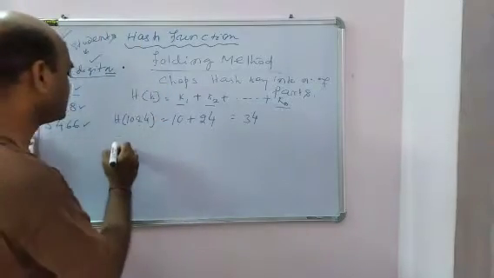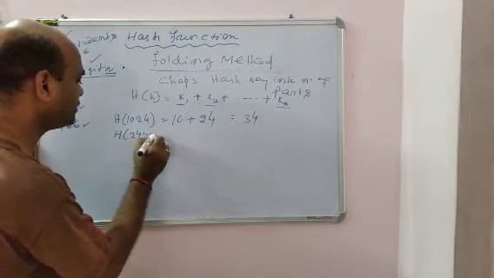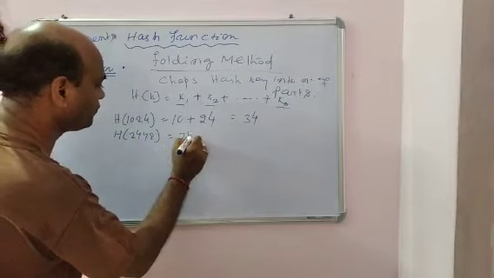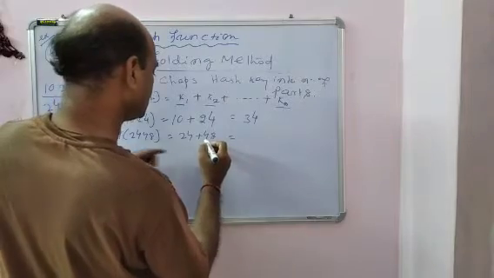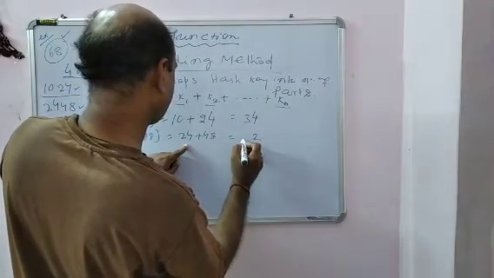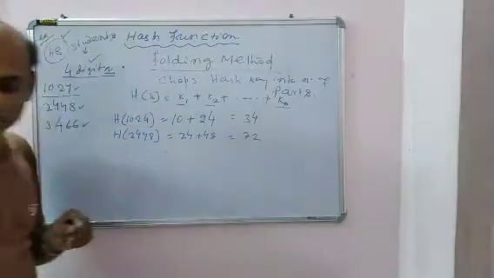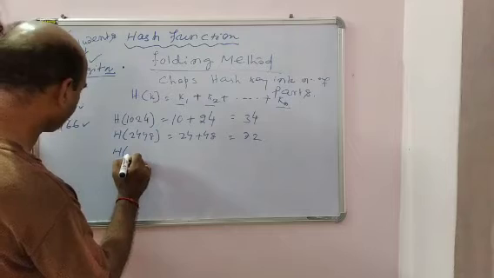This is the address. Similarly, h of 2448 will be 24 plus 48, which will be 72.